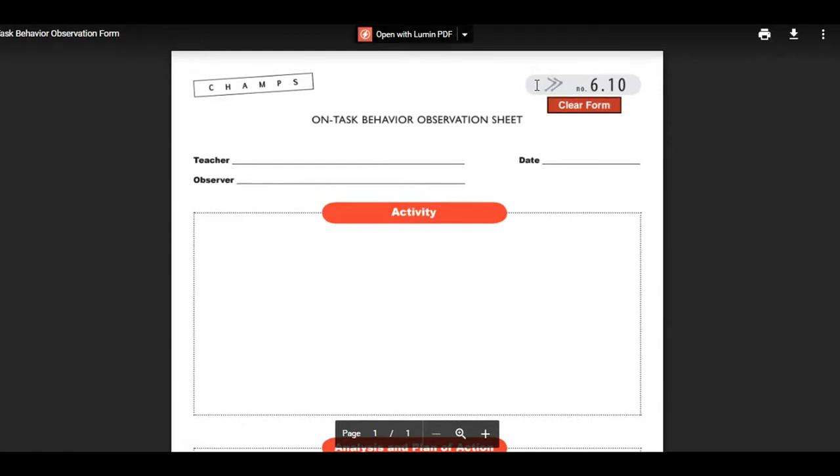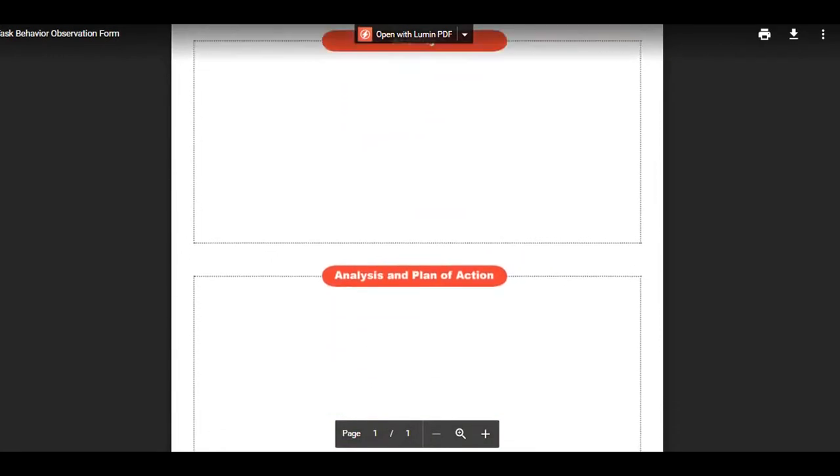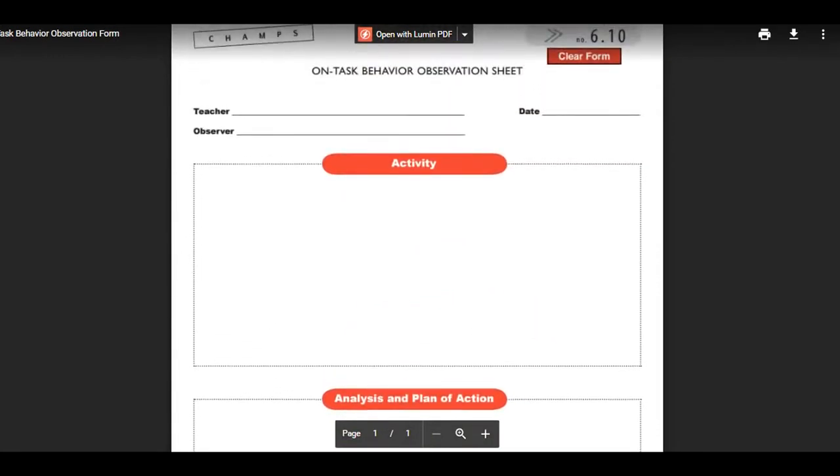You're not recording which students are working, you're just recording that the students are working. For example, you set a timer to go off every minute or 2 minutes or 3 minutes or whatever you think is appropriate for your activity. And when that timer goes off, you look up and you simply count the students that are on task and the students that are off, and make any notes that you see about what students are doing and how they're engaging in the task.